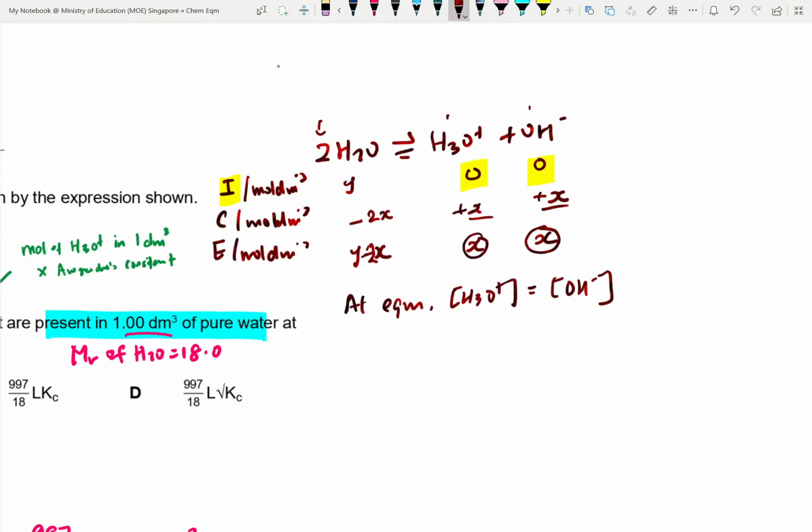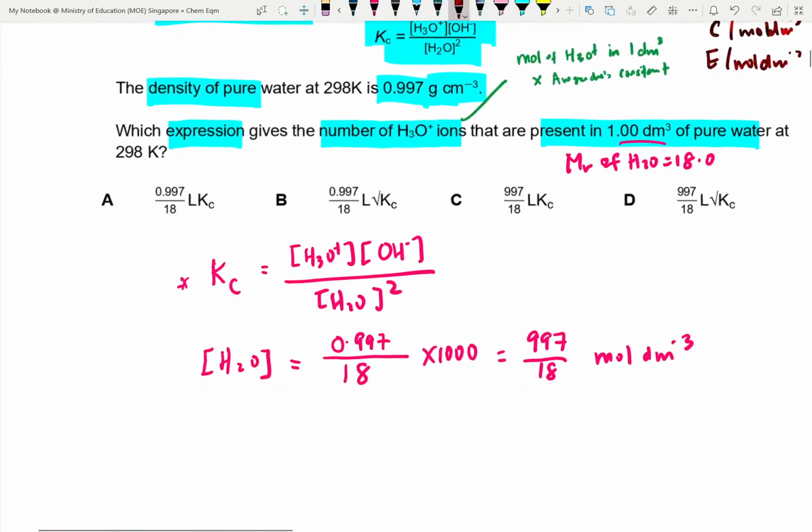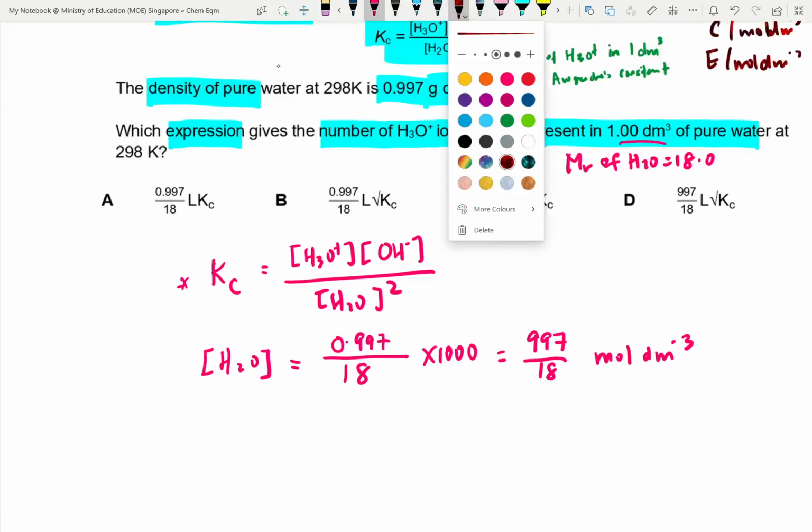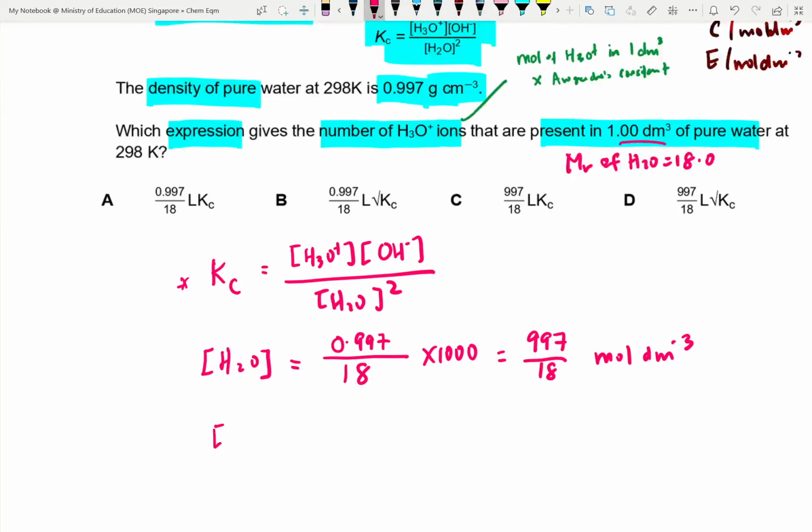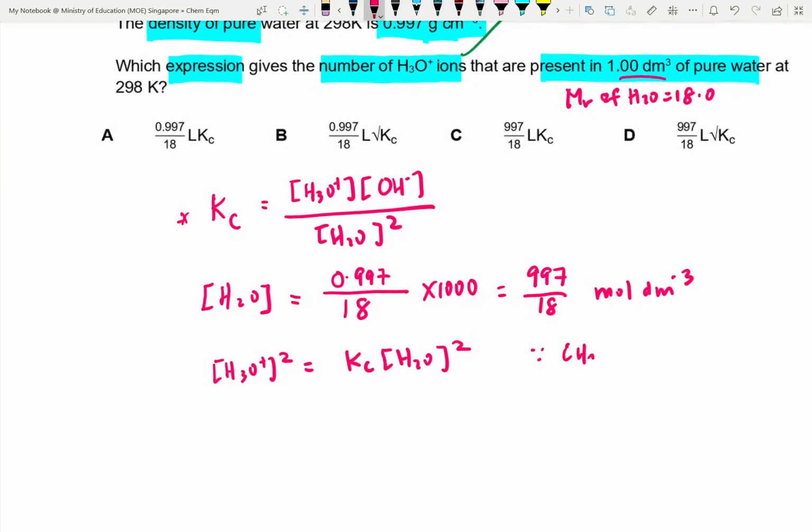If it's the same, technically it just means that [H3O+]² is equal to Kc times [H2O]². Why is it so? Because the concentration of H3O+ is equal to the concentration of OH- at equilibrium. With this, I can simply calculate [H3O+] by taking the square root of Kc and [H2O]².